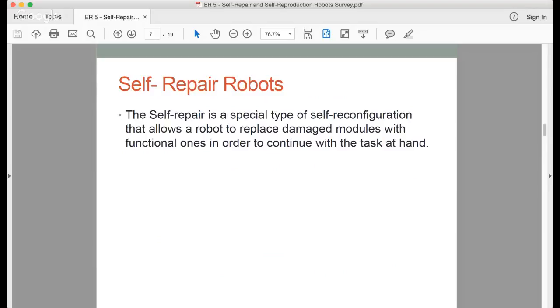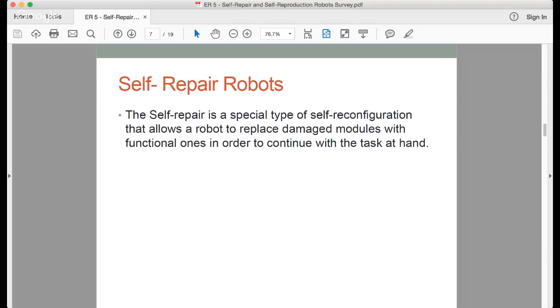Self-repair is a special type of self-reconfiguration, which we discussed in our last meetup, that allows a robot to replace damaged modules with functional ones in order to continue with the task at hand. Each modular robot will have some spare modules.